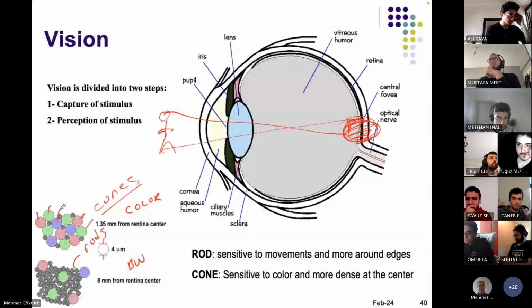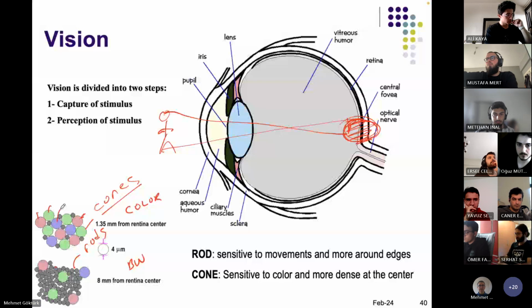In the middle layer, this is quite interesting, it does some filtering and reduction to enhance vision.